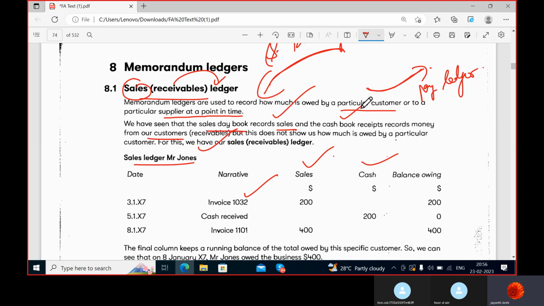But this does not show us how much is owed by a particular customer. These books were showing only the receiving aspect. The sales day book showed the credit sales, and the cash book showed the cash sales.